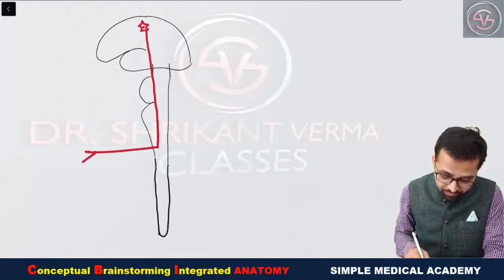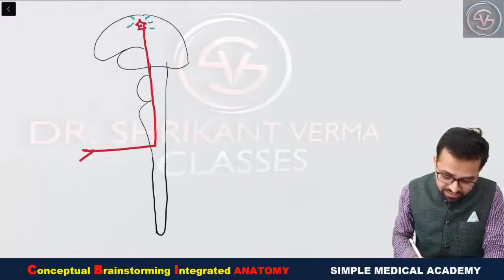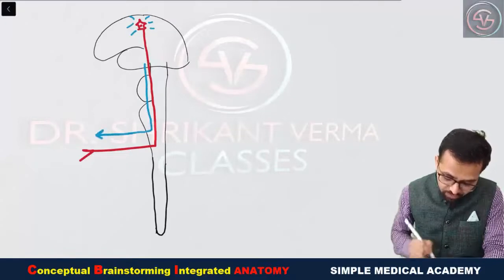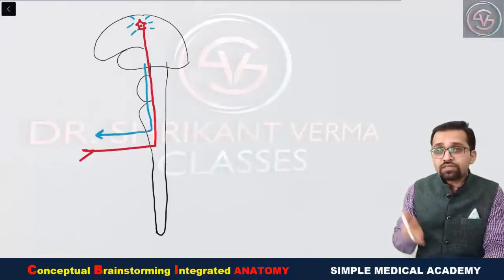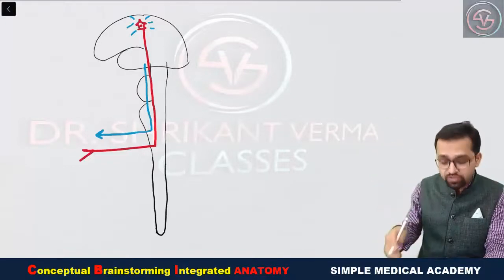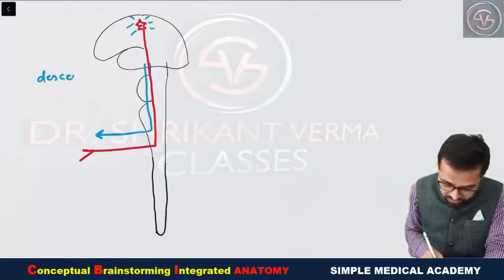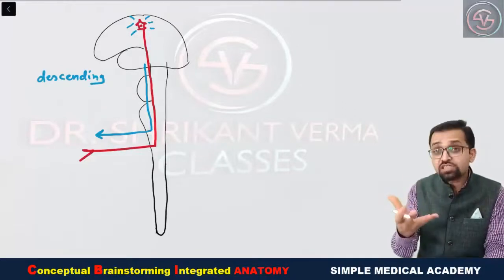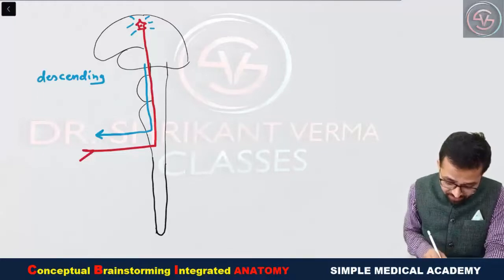So what will happen? Any impulse which is generated at the cerebral cortex, that will go downside and to the periphery. So you can observe these axons are carrying the impulse from brain to the downside. That's why these are known as descending axon. And if multiple bundles will be present, then definitely it will be known as descending tract.